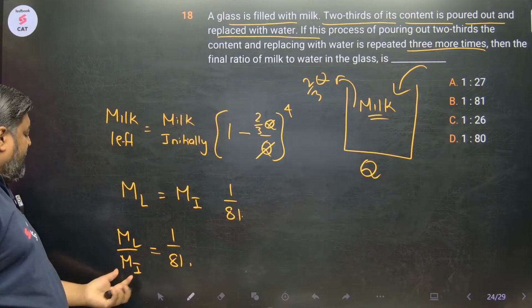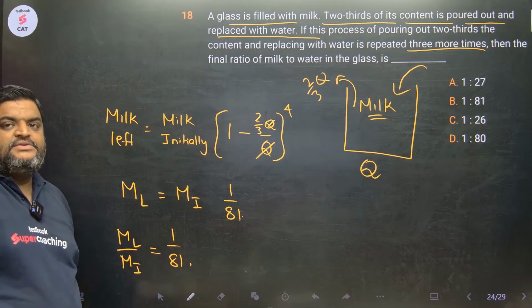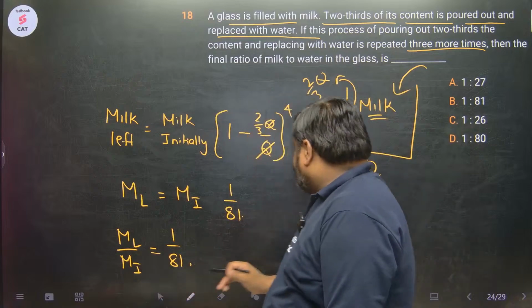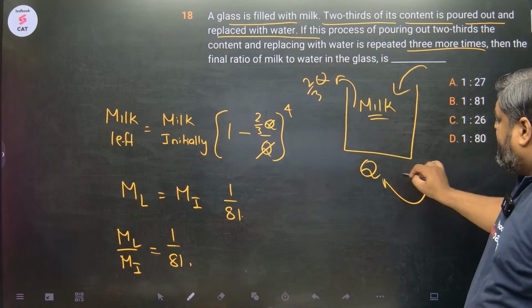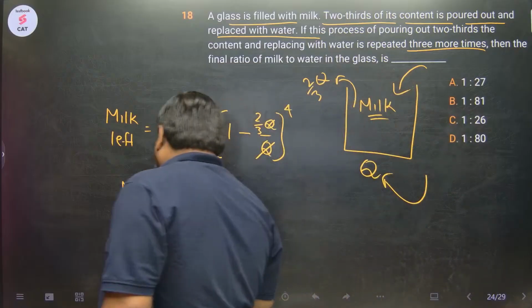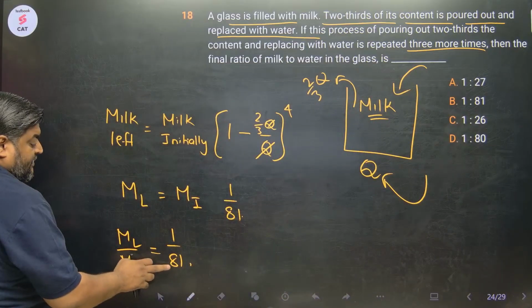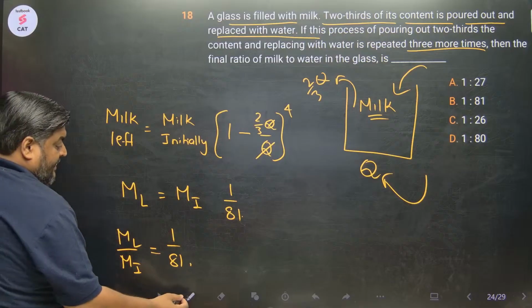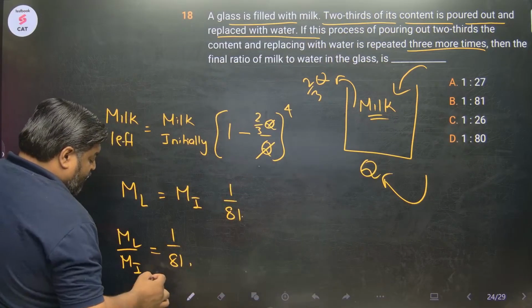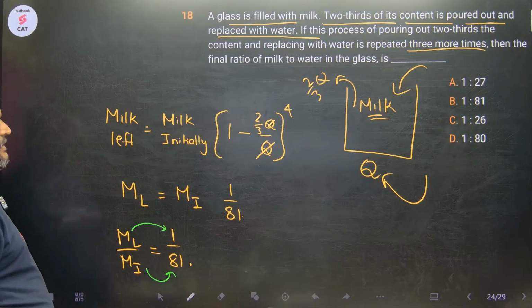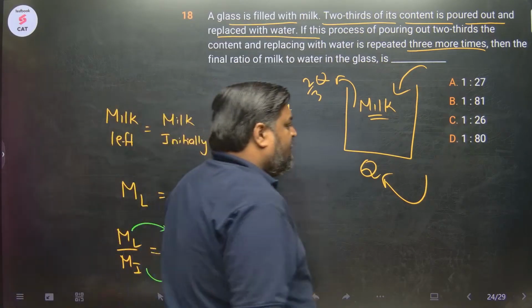और कहीं ना कहीं milk initially जो milk है वो total quantity भी है. So total quantity 81 में 1 milk is left in a total of 81. 1 is left, मतलब 80 is water.